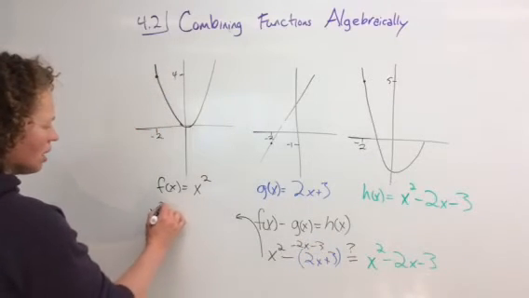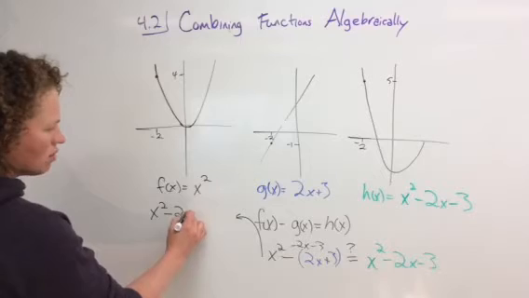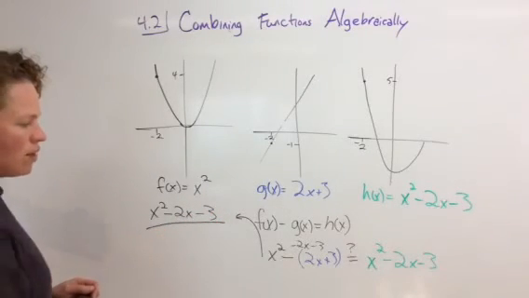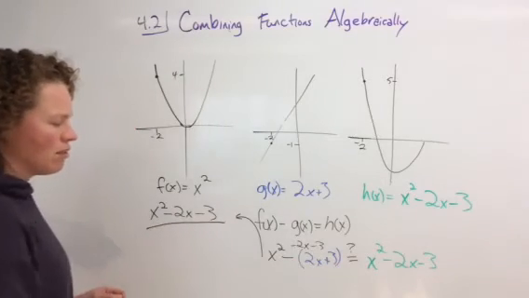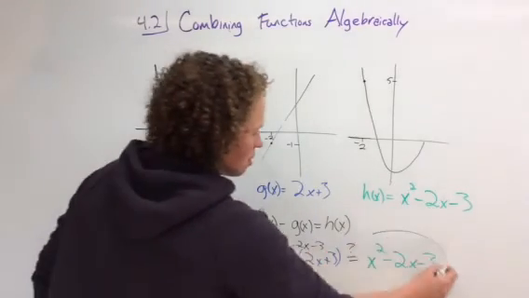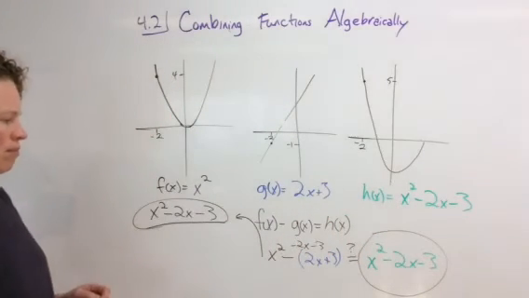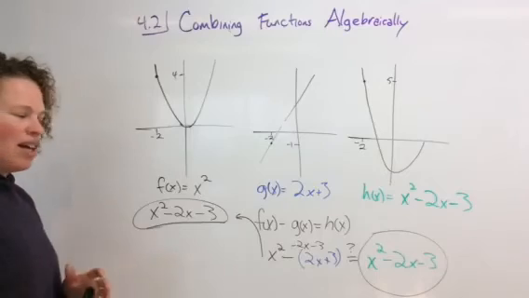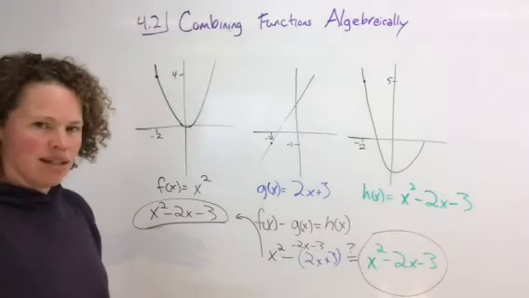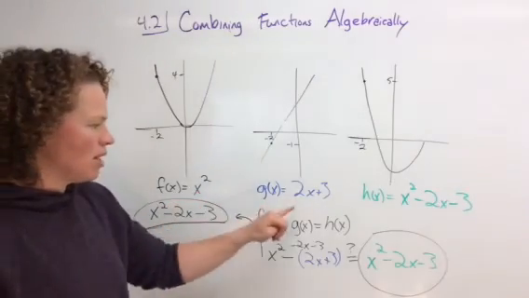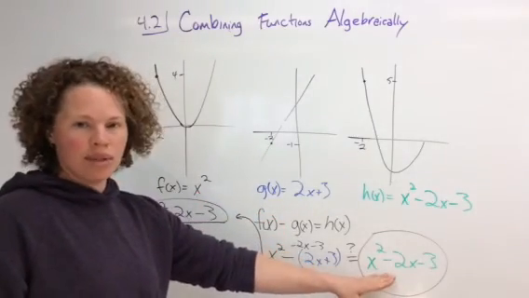So I'm going to have x squared minus 2x minus 3 as my full function once I multiply that negative through the brackets. Does this match this? Why, yes. Yes, it does. So you can see how we algebraically subtracted this from this and ended up with this guy.